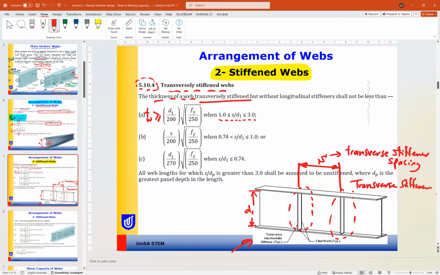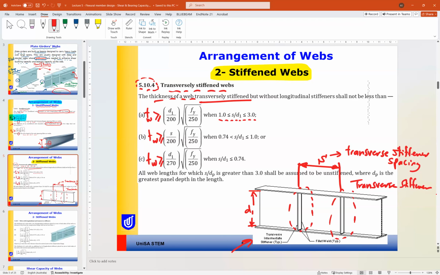If S over D1 is between 0.74 and 1, we should use TW more than S over 200 multiplied by root F yield over 250. The third case, if S over D1 is less than 0.74, we take TW more than D1 over 270 multiplied by root F yield over 250.